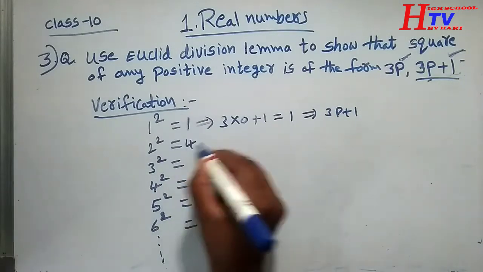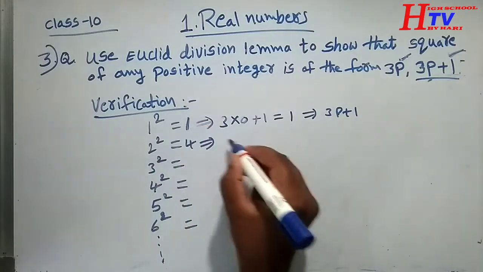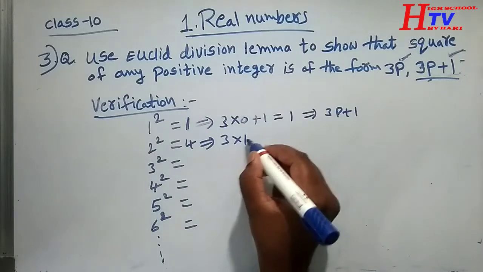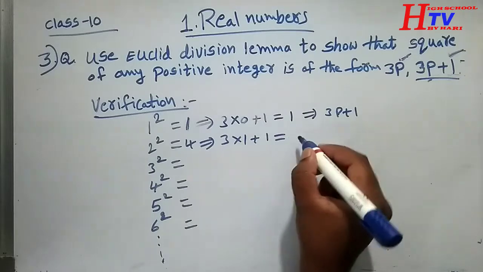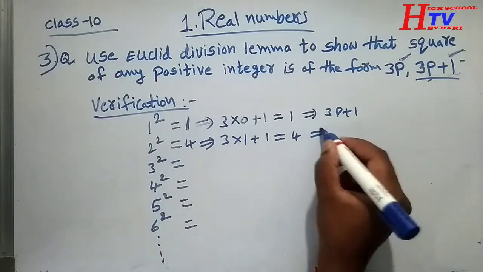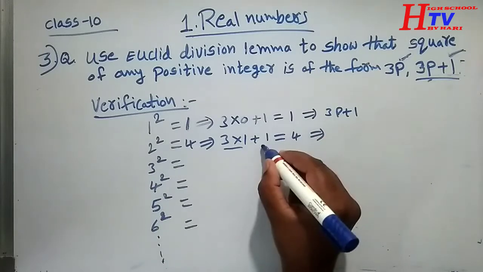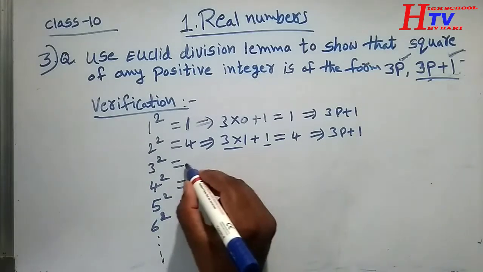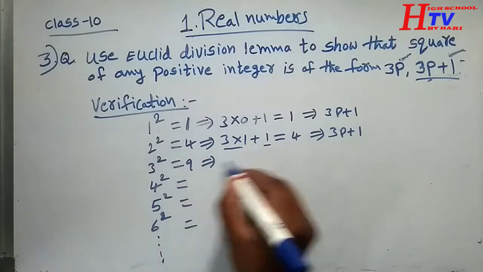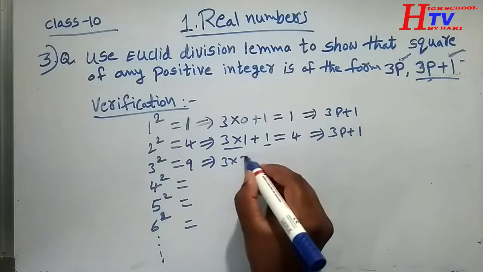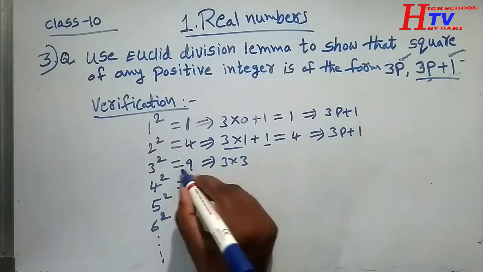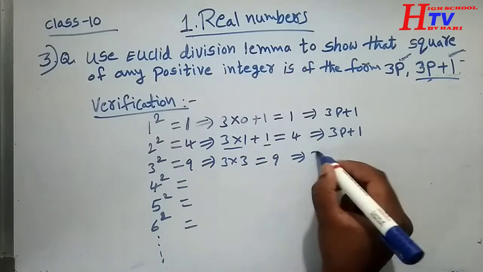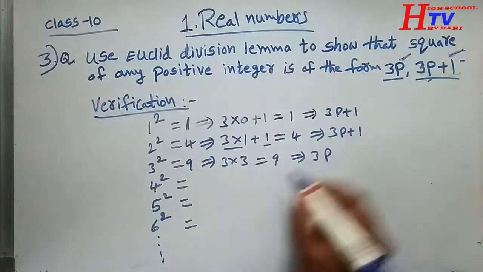Next, 2 square is 4. It is 3 into 1, 3 ones are 3, plus 1 is 4. It is in the form of 3p plus 1. 3 square is 9, 3 into 3, 9 plus remainder nothing. So 9 is directly in the form of 3p.